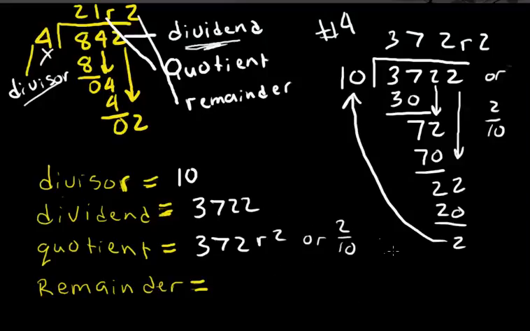And we could probably put this as a decimal too, as 0.2, right? From our understanding of decimals. Okay. All right, and then finally our remainder is R2 or 2/10 or 0.2. Okay, how many people got that right? Excellent, great practice.